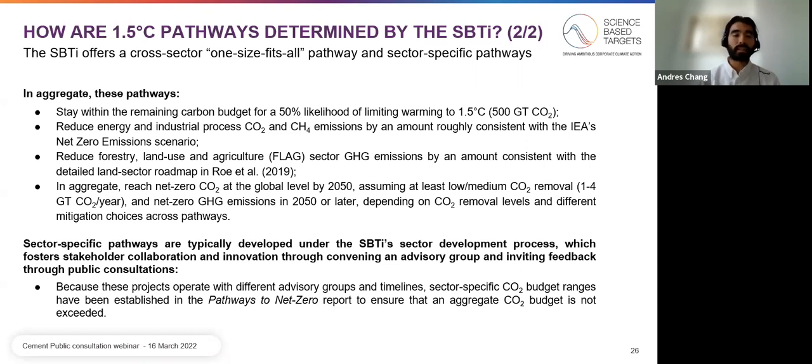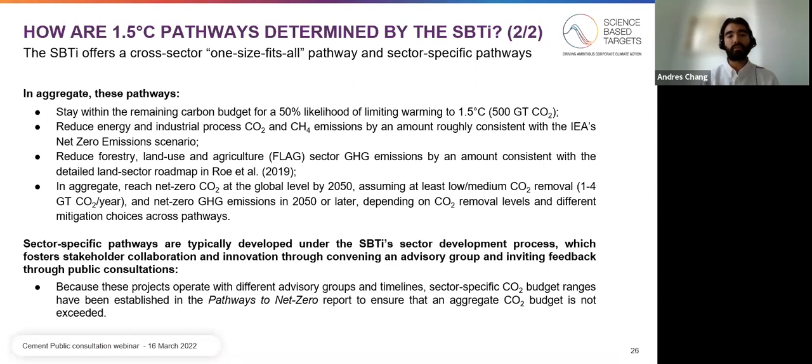That's critical because it means that we're not relying on late century CO2 removal at levels that we don't know are possible to get back below this budget range. We're looking at emissions reductions for CO2 and methane that are roughly consistent with the IEA's net zero emissions scenario. But again, the details for each sector are being decided at the sector level through work with each sector's EAG.